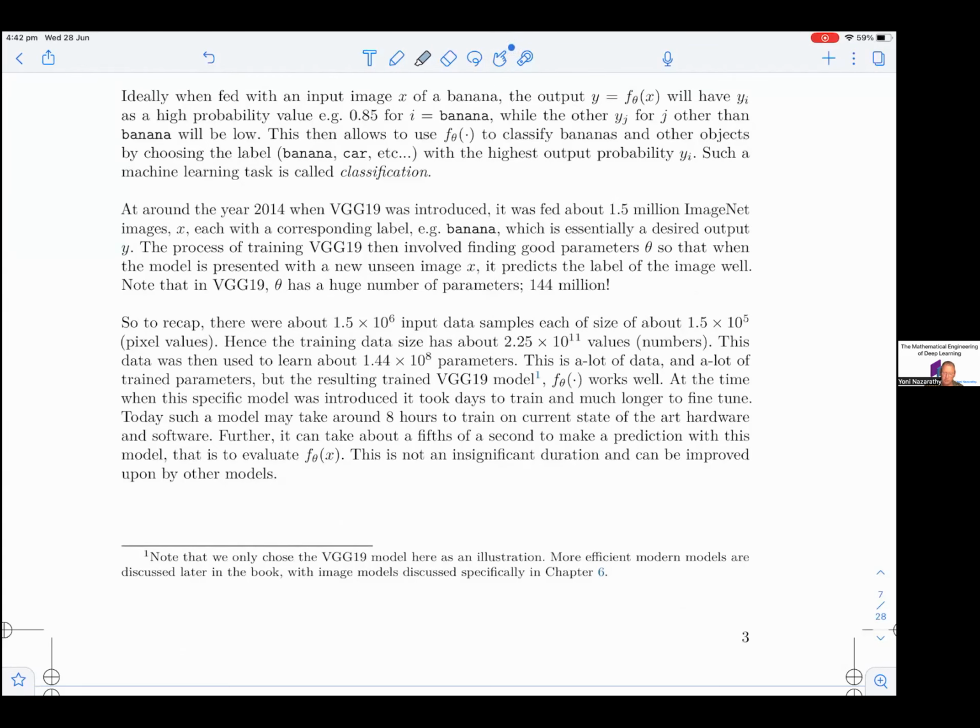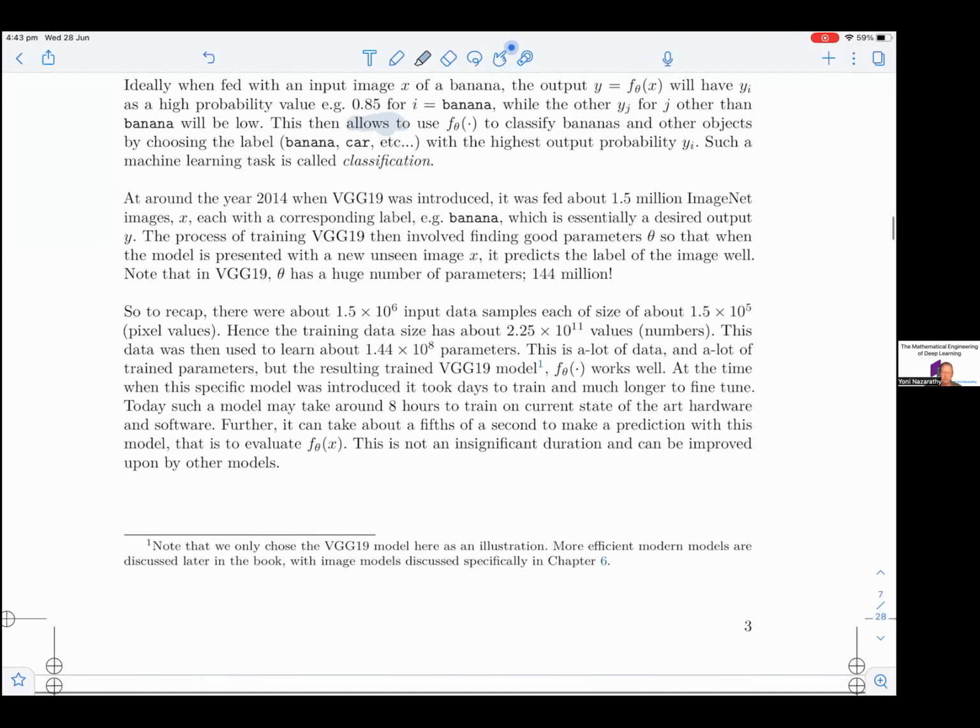This then allows us to use f theta to classify bananas and other objects by choosing the label banana, car, etc., with the highest output probability y sub i. Such a machine learning task is called classification.